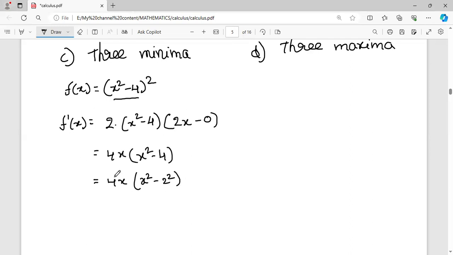So it can be written as 4x into (x plus 2) into (x minus 2). Here you have to find the values of x, so you equate f dash of x to 0.